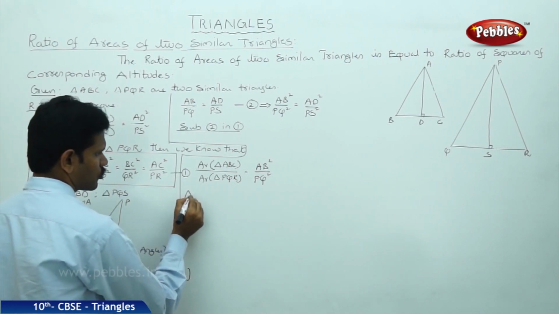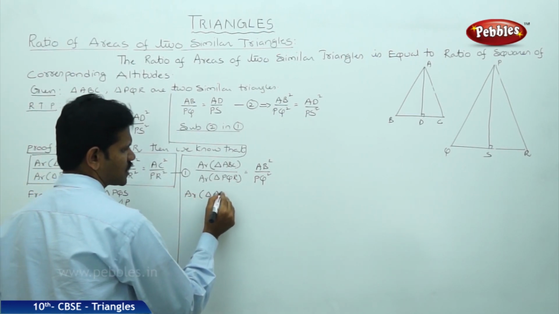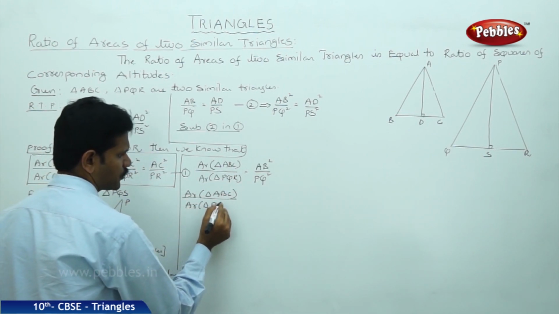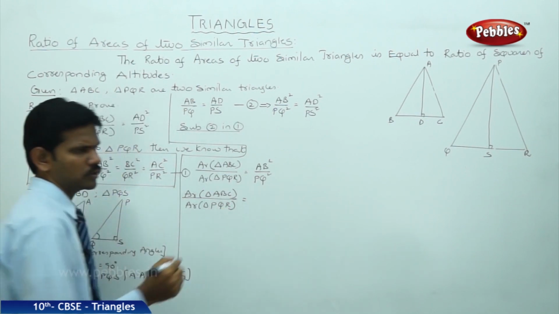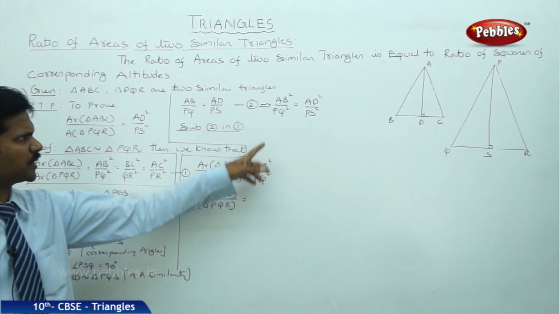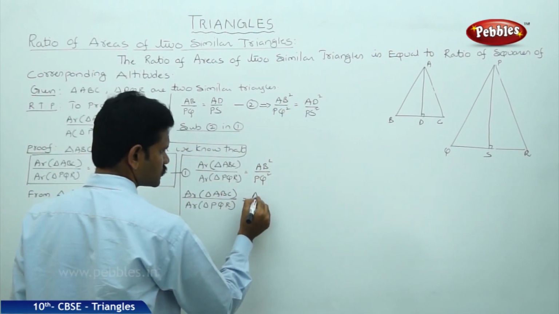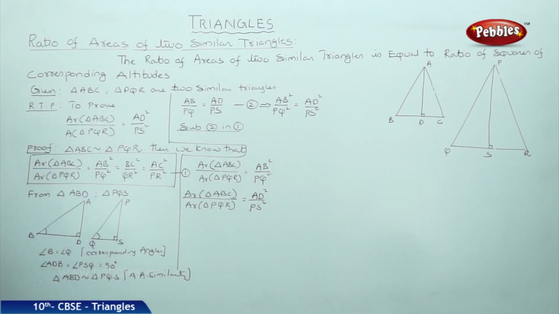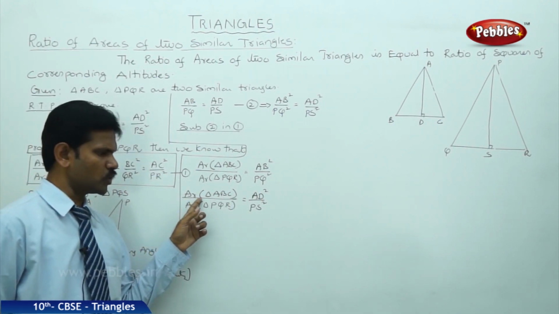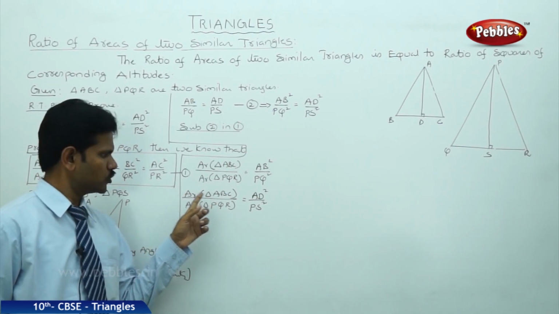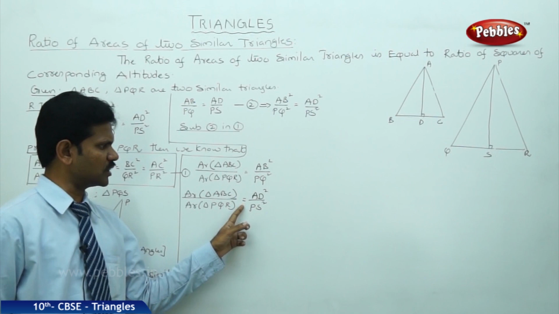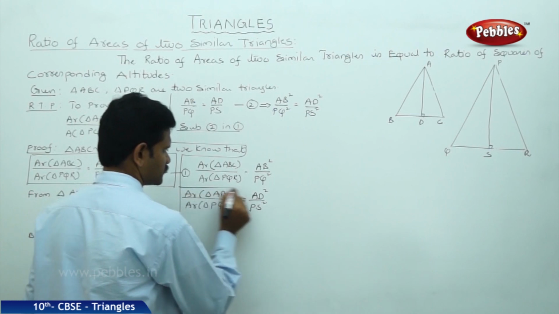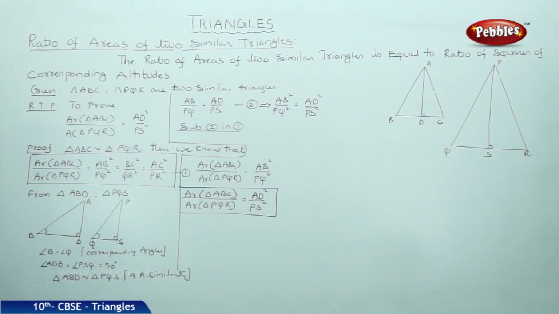Now area of triangle ABC by area of triangle PQR is equal to AB square by PQ square, nothing but AD square by PS square. Therefore, the ratio of areas of two similar triangles is equal to the ratio of squares of corresponding sides. This one part is completed.